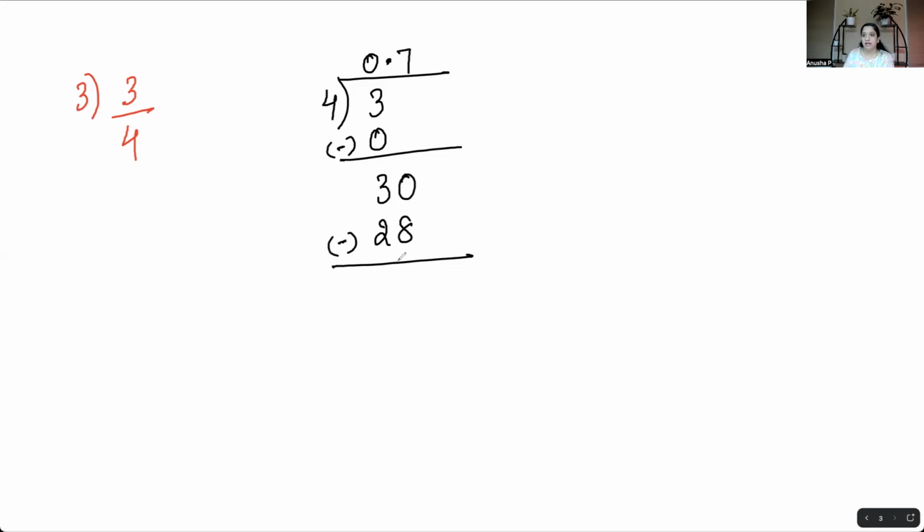So 30 minus 28 is 2. Because of the decimal point, we bring one more 0 down. And 4 times 5 is 20. So 20 minus 20 will be 0. So 3 by 4 is equal to 0.75.